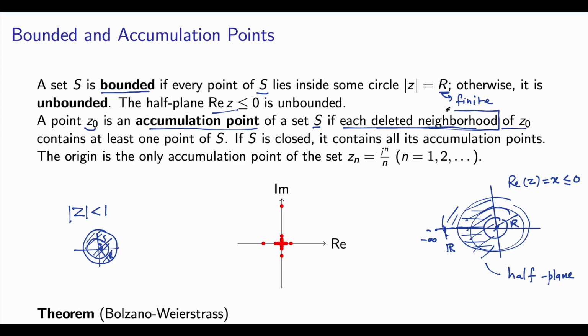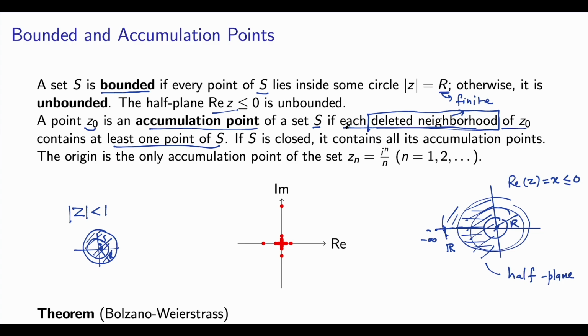We can also define it using the neighborhood without taking the deleted neighborhood. But let us first define it with the deleted neighborhood. So each deleted neighborhood of z naught contains at least one point of S, in fact infinitely many points of S.